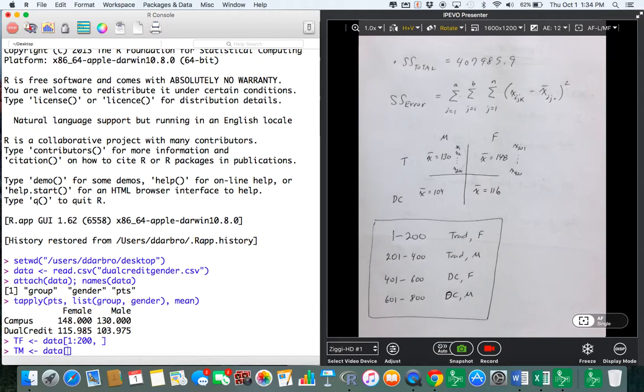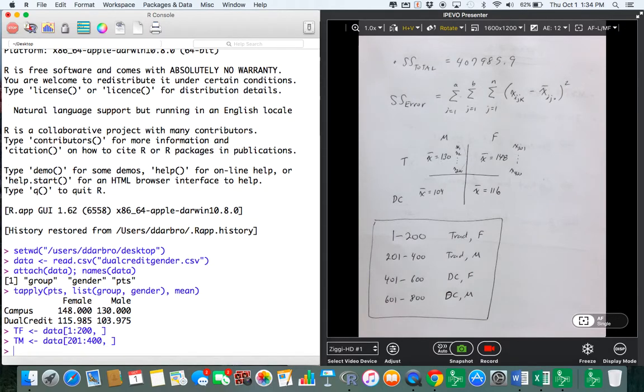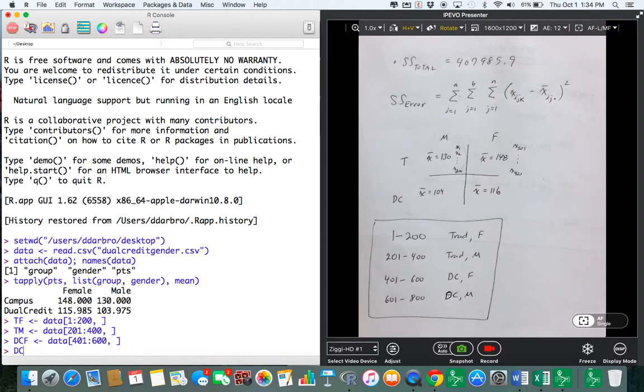And here I want to select the cases 201 to 400. Next thing I want to do is dual credit female. And I want to choose the cases 401 to 600. And then I want to do dual credit male. And I want to choose my cases 601 up to 800 with all the variables.